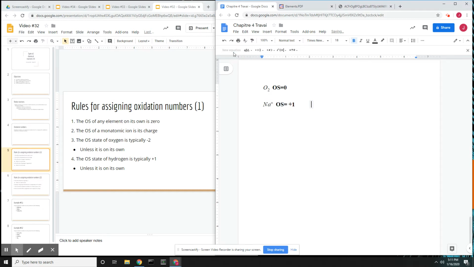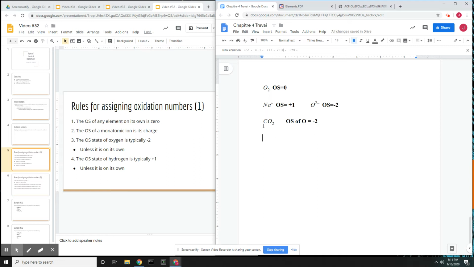If I have O with a 2- charge, its oxidation state is -2. Oxygen is special. It doesn't have to be a monoatomic ion to have an oxidation state of -2. For example, in CO2, which is totally covalent, the oxidation state of oxygen is still -2.